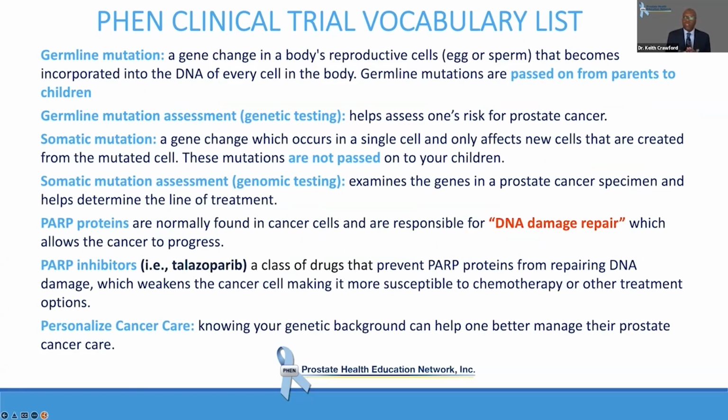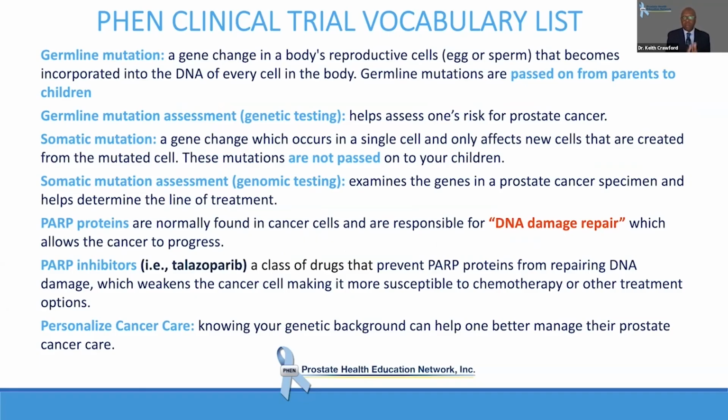Now, some words that you'll hear throughout the presentation with me and with Justin are germline mutation. What we want people to understand is, when you hear germline, think of genes and lineage.